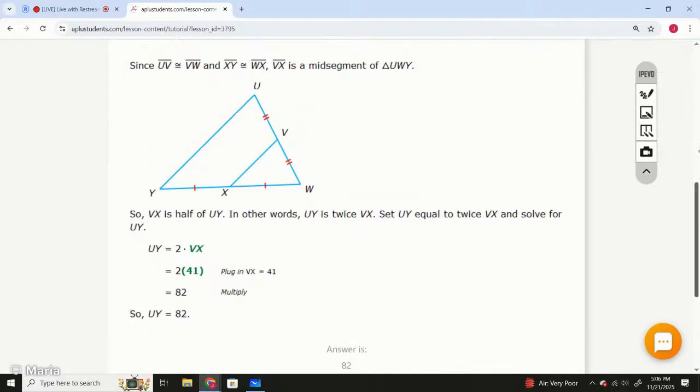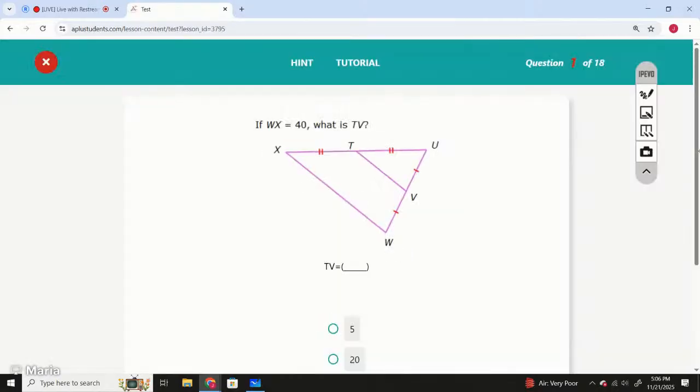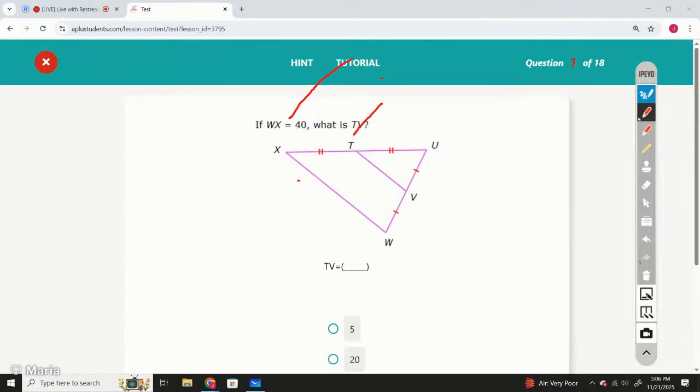Okay, let's just start with the test questions. What is TV? We are given the length of Wx, that is 40. You can see UT and TW are similar, and in the same way UV and VW are similar, right?